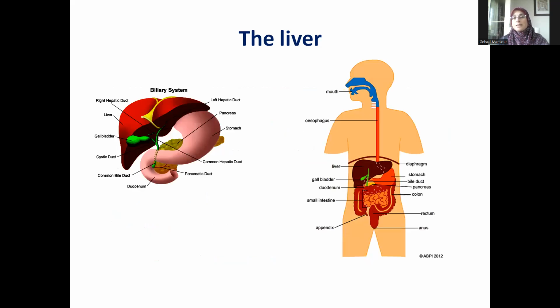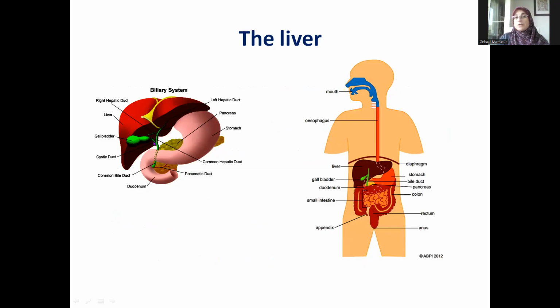Here, of course, you can see the liver and the gallbladder underneath. We always say that the bile is secreted by the liver cells, but concentrated and stored in the gallbladder.